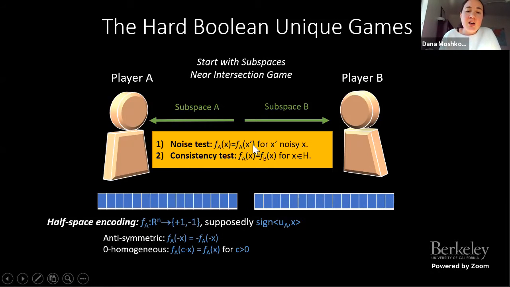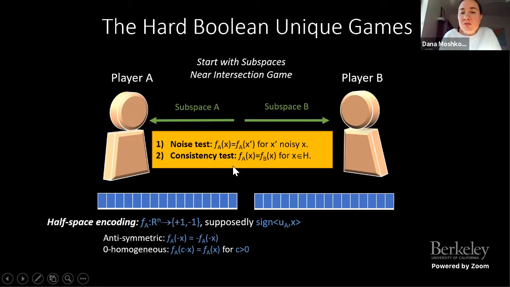So this is the noise test. Its importance is that it's one of the only tests that we can do if we have Boolean unique games, because it checks equality between bits. There are very few things you can do with equality between two bits, but the noise test is one of them. And half spaces are the functions that maximize the acceptance probability of the noise test. This is why we picked this half space encoding.